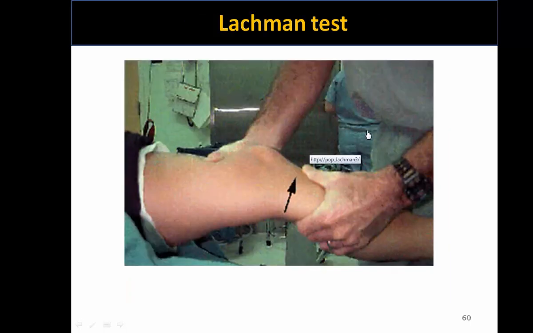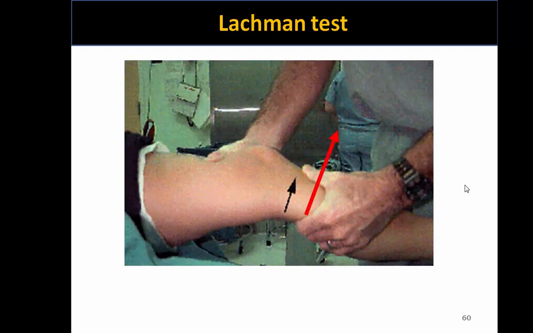A second clinical test is referred to as the Lachman test. The same principle applies here as the anterior drawer test, with the exception that the knee of the person with the suspected injury is placed in a near extended position.